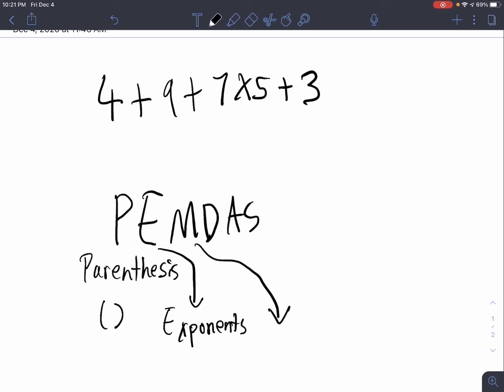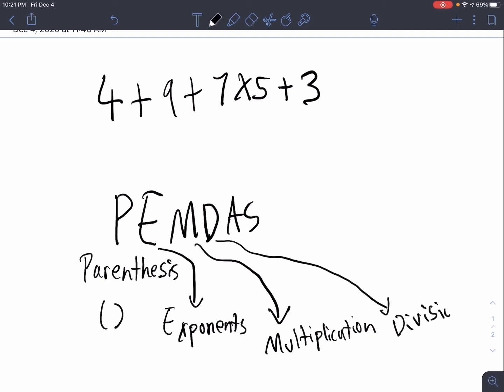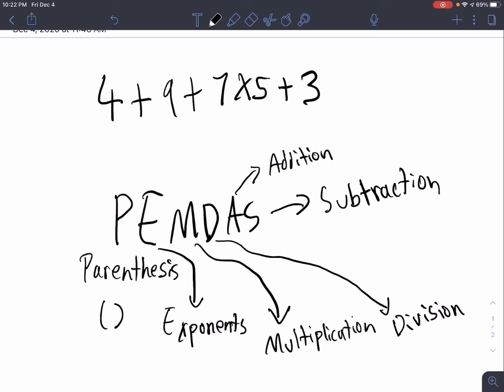M stands for multiplication. D stands for division. A stands for addition. And S stands for subtraction. This is the order we do math.